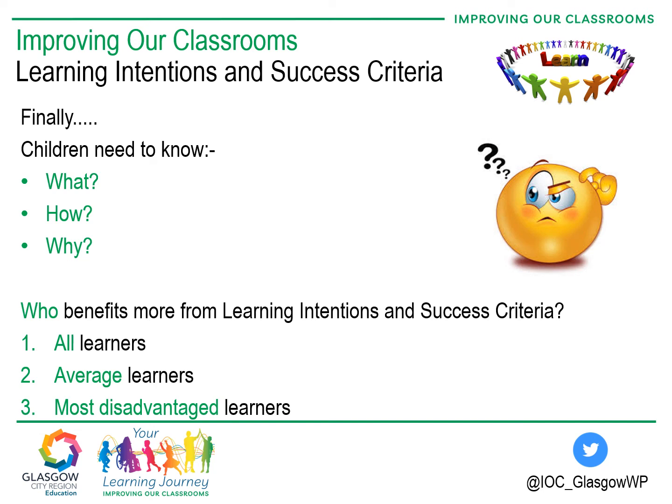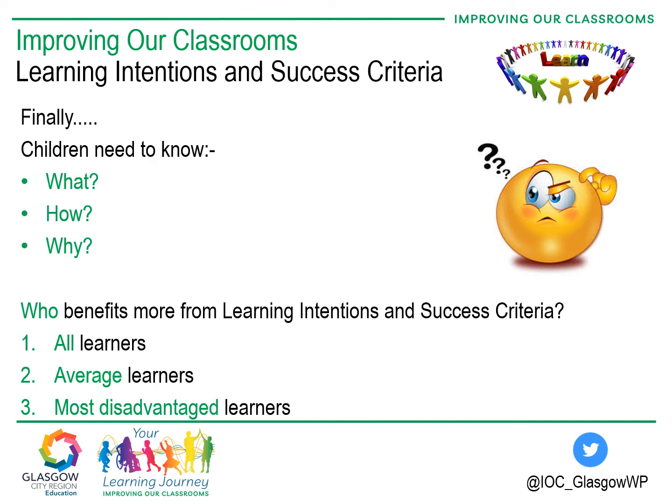So the study that was conducted by Dylan Wiliam involved two sets of children over a course of 16 weeks, where one set of children did take part in learning intentions and success criteria to progress their learning, and the control group, the class next door, did not.